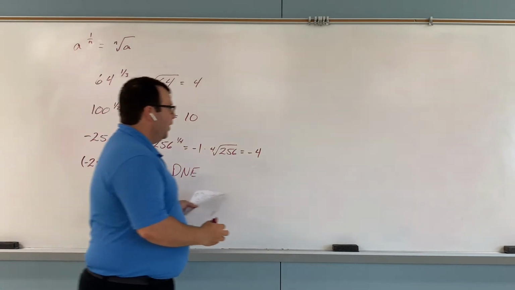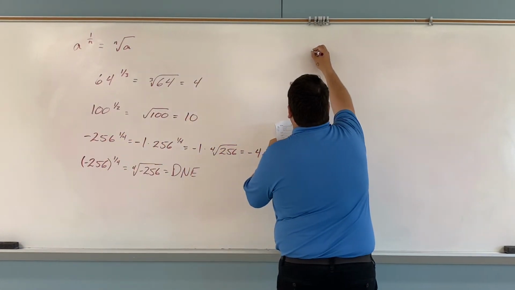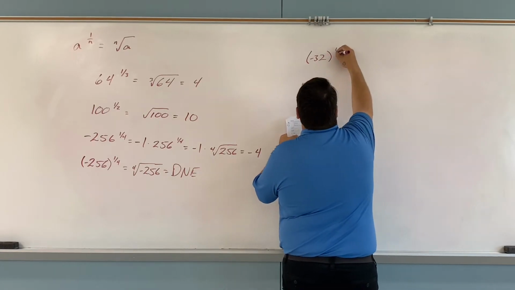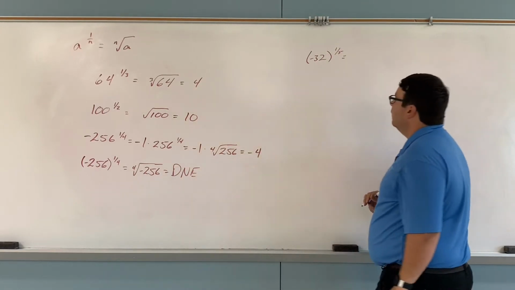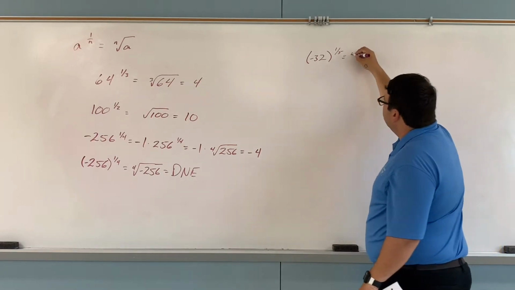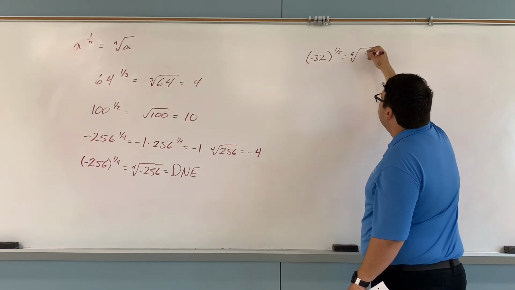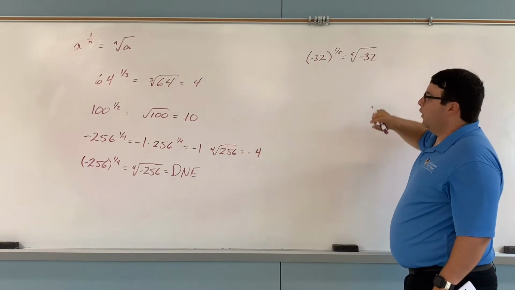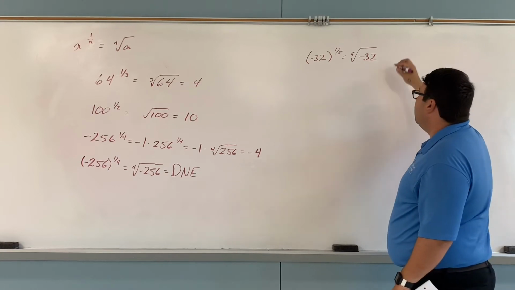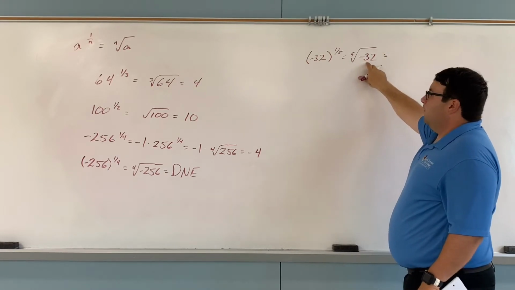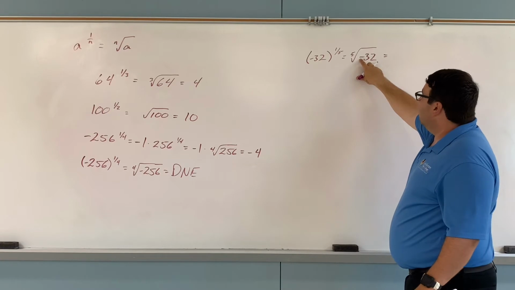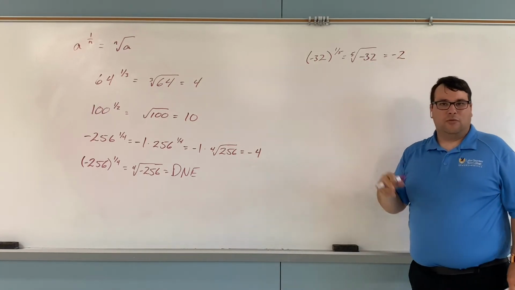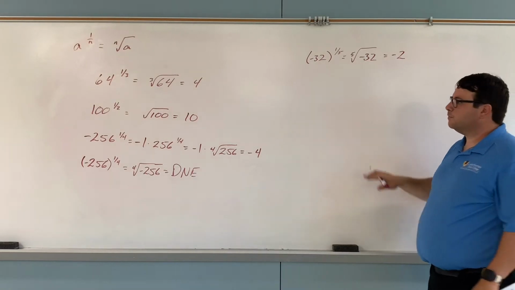Now, that being said, what if I had an odd root index? So something like negative 32 in parentheses to the 1/5 power. Well, as I convert it, I see that I have an odd root index, and so I can have a negative for my radicand with an odd root index. That is completely feasible. The 5th root of 32 we knew was 2. The negative here makes that a negative 2, because you could expand it. It'd be negative 2 times negative 2, so on and so forth.